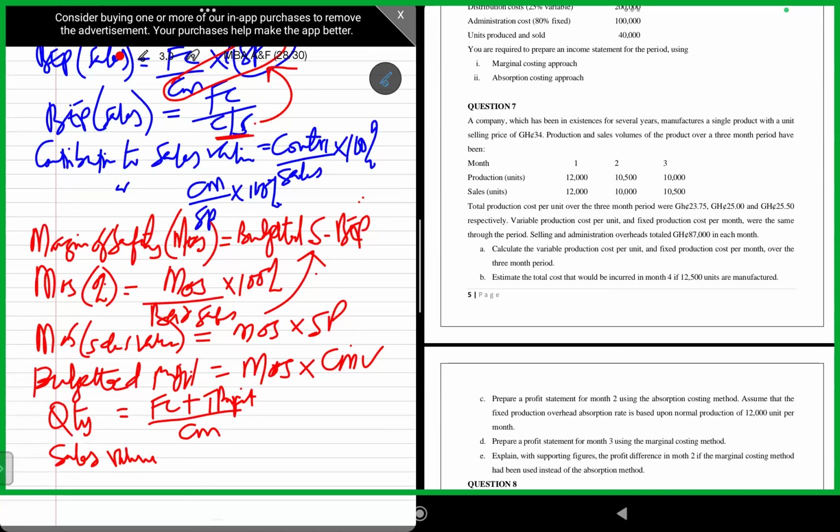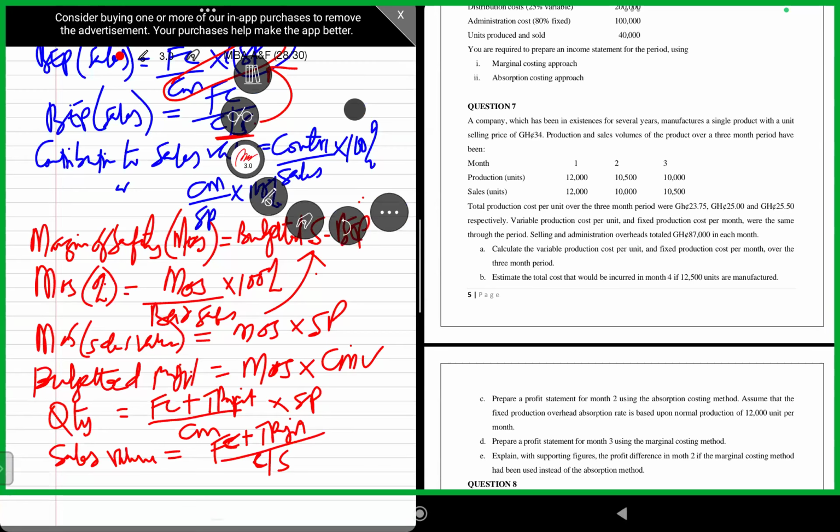The sales value to achieve a target profit, I can write the same quantity: fixed cost plus target profit over contribution margin, multiplied by selling price. Or I can write fixed cost plus target profits and divide it by contribution to sales ratio, which captures what we were doing earlier.